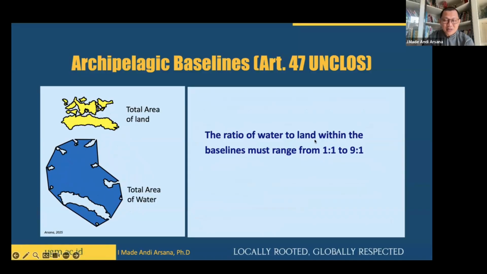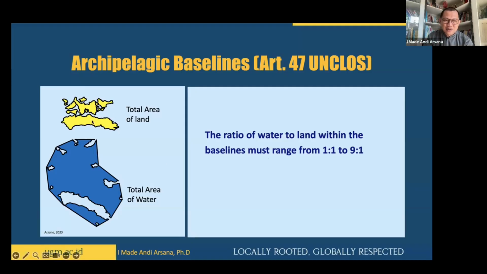So the ratio has to be 1 to 1 to 9 to 1. So water to land has to be 1 to 1 to 9 to 1, meaning that the water and land at least has to be the same area. So 1 to 1, right? And maximum, the water is 9 times of this land area. You get the point, yeah?